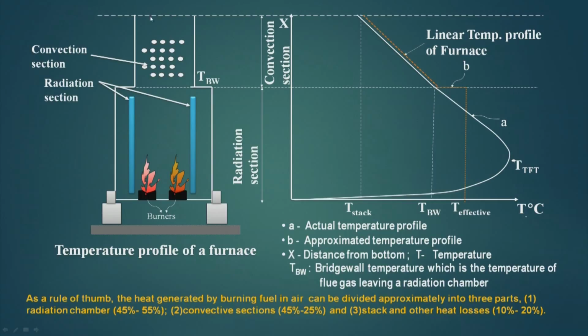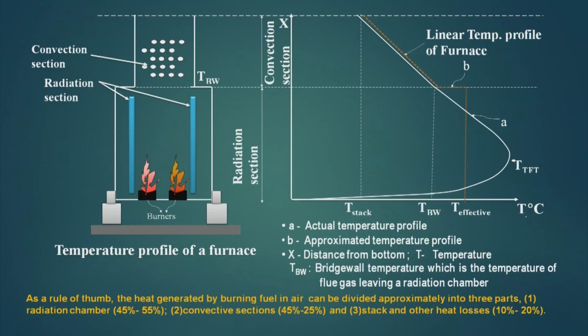Then it goes to the convection section, where it exchanges heat with a liquid or maybe a gas, and then it comes out and is called T stack. Whatever the temperature here is T stack.